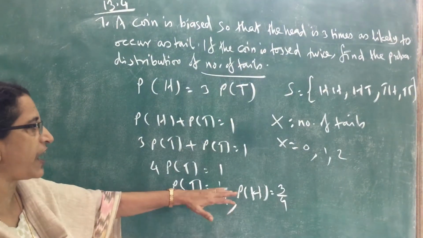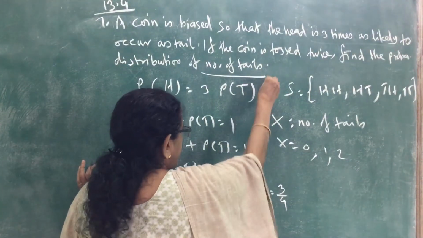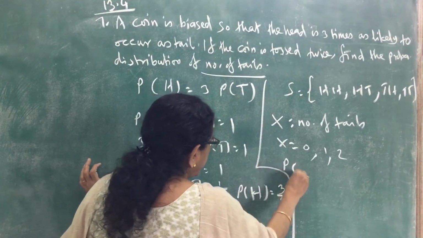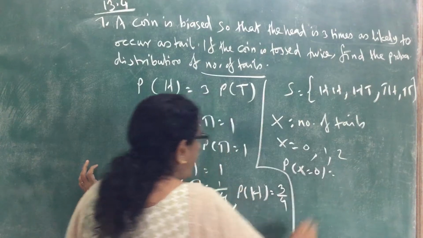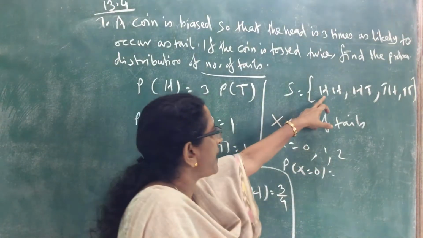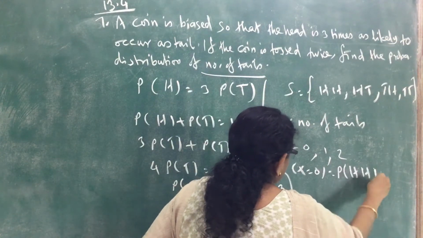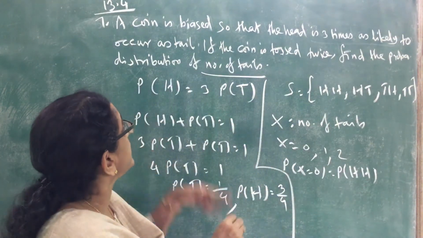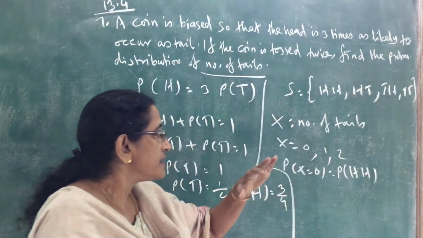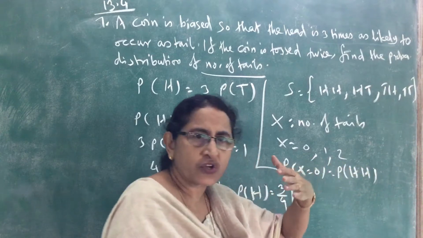So using this, we have to find the probability of X equal to 0. Probability that X equal to 0, that means probability of getting no tail, that is same as probability of HH. Here the coin is tossed twice. So first toss shows head and second toss also shows head.